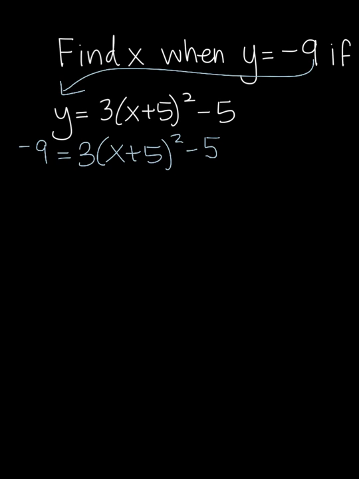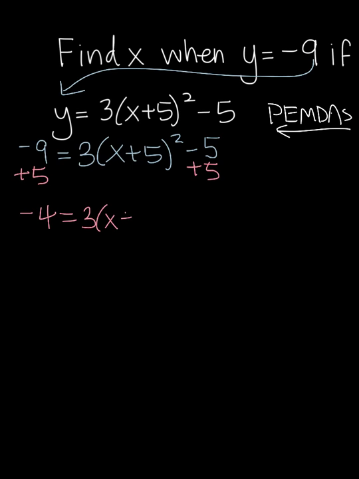And since we have one x value here, we're going to solve by undoing. So we're going to take our order of operations and reverse them. So first we'll be adding 5. So negative 4 equals 3 times x plus 5 squared. And then we'll be multiplying or dividing. So in this case, dividing by 3.